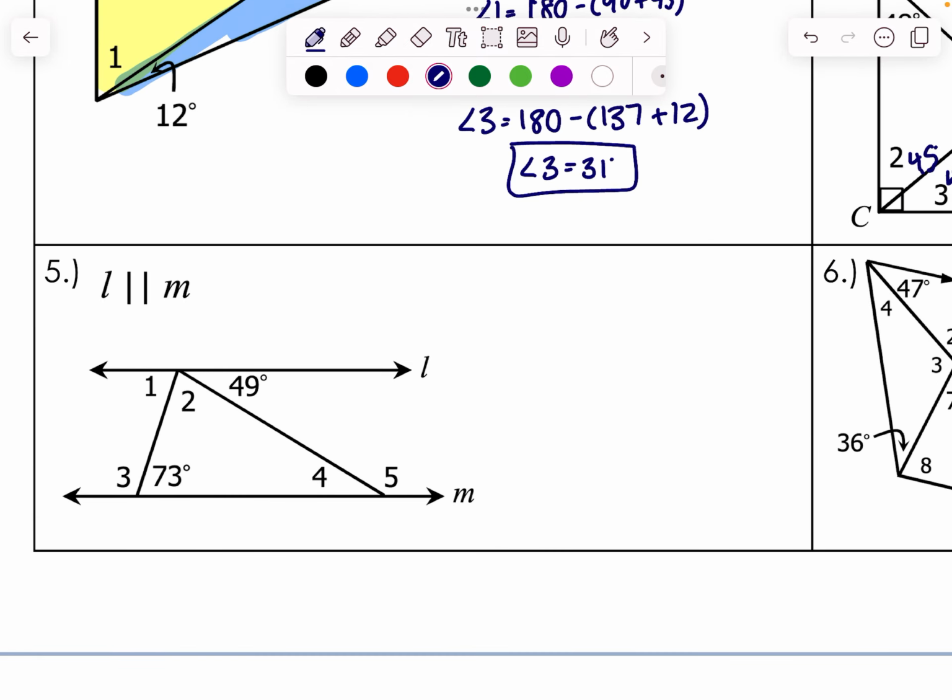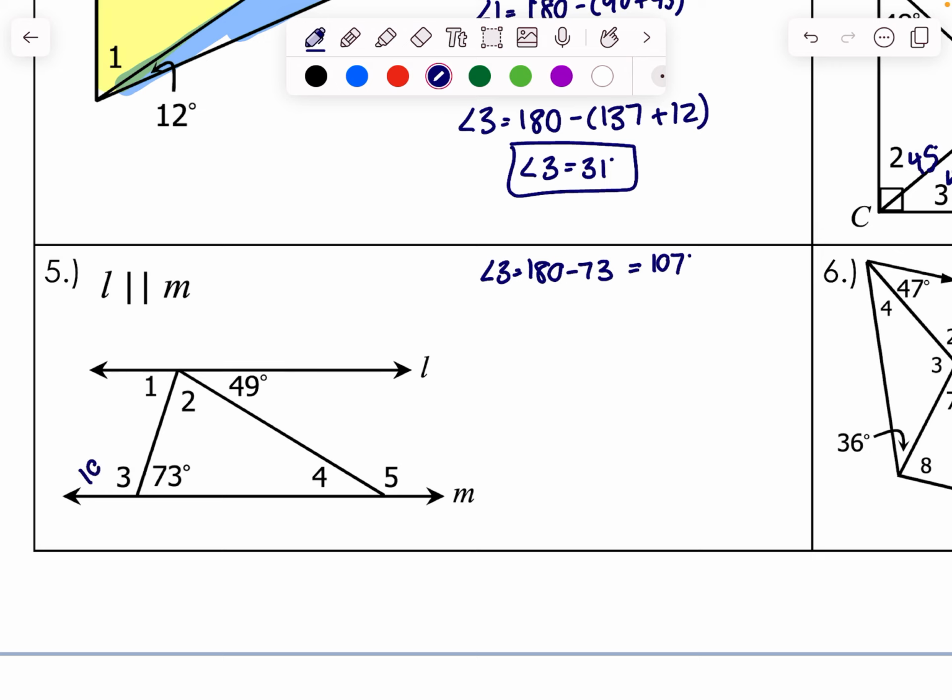Okay, number 5. We have some parallel lines here, so we have to use our angle pairs. The first thing I'm going to start with is angle 3. Again, I have a linear pair right here. I just have to do 180 minus 73, and I'm going to get 107.